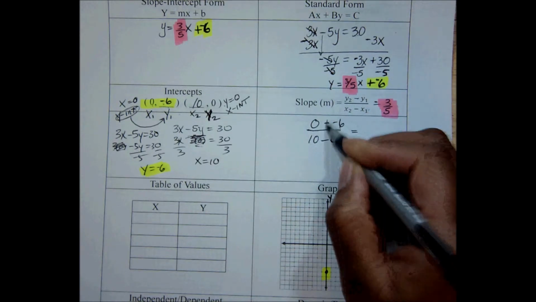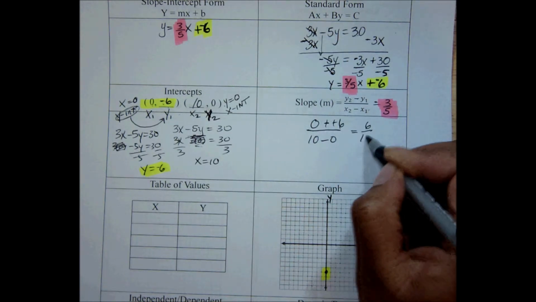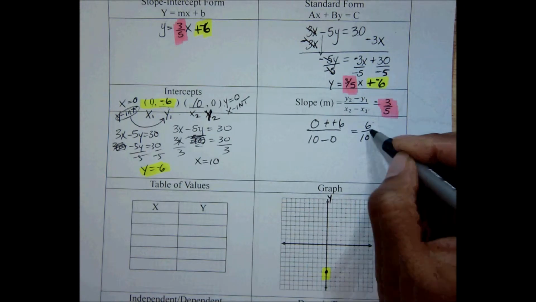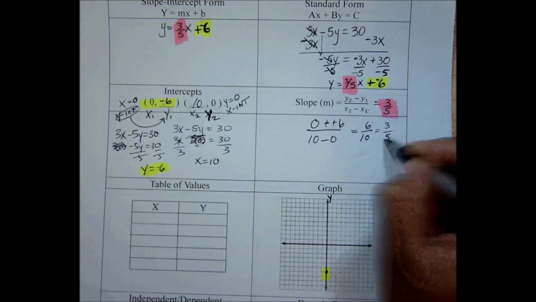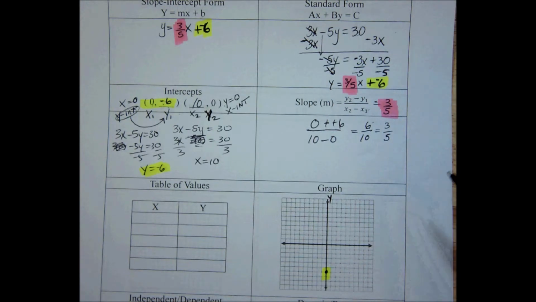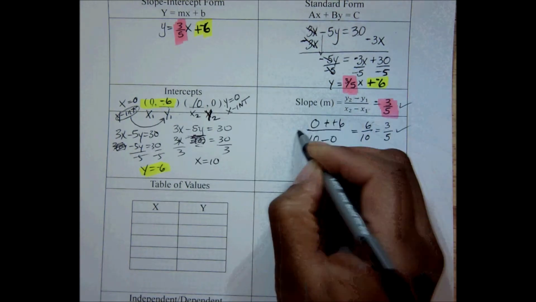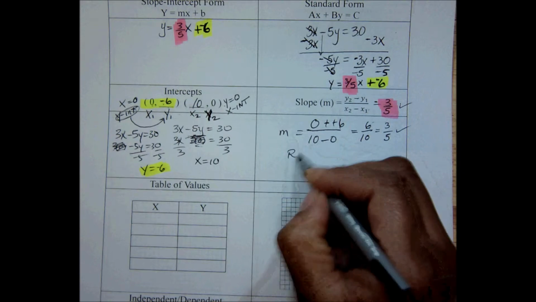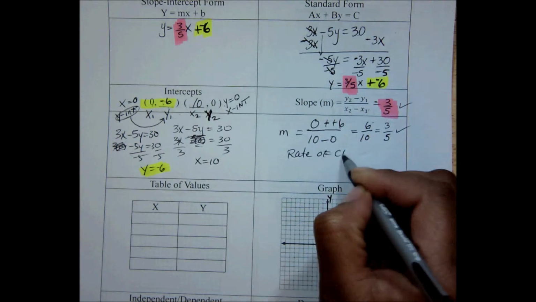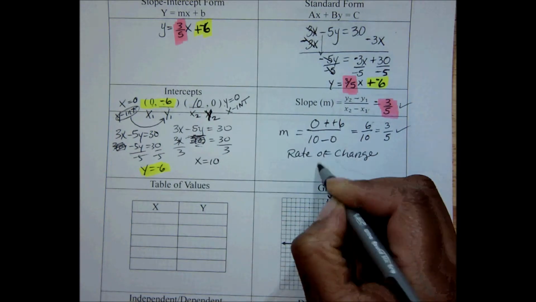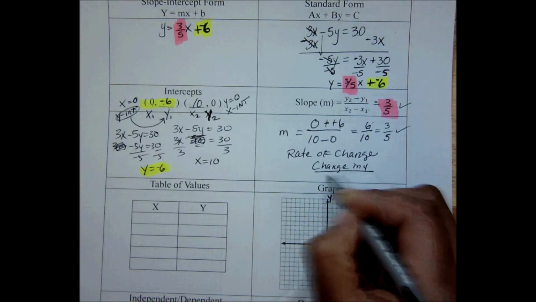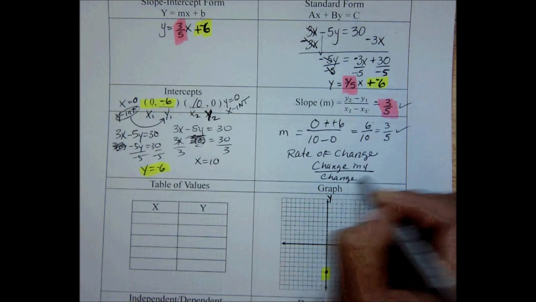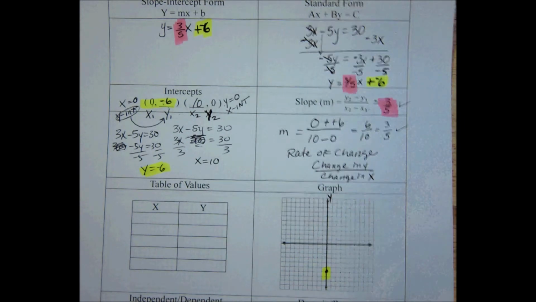That gives me a positive 6 over 10, and we reduce that. 2 goes into 6 3 times, 2 goes into 10 5, so 3/5. And it matches. So we just found m. We just found the rate of change. We just found the change in y over the change in x.